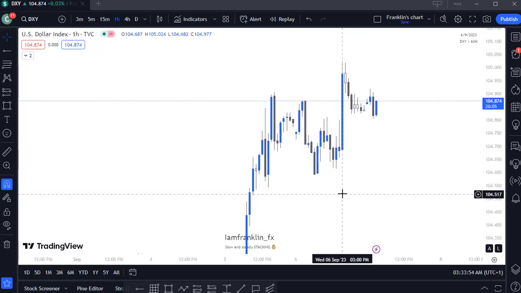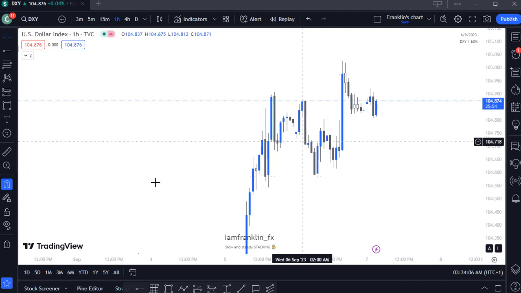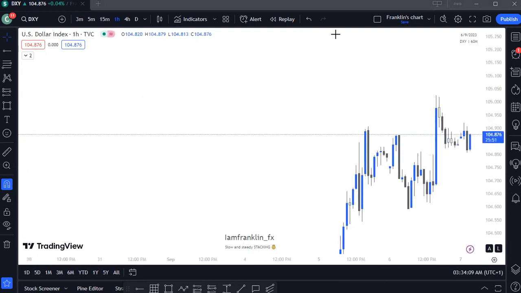First of all, you need to know that the candlestick tells a lot of story. The major characteristic of a candle is how it looks: this is the low, this is the high, and then there are the open and the close.